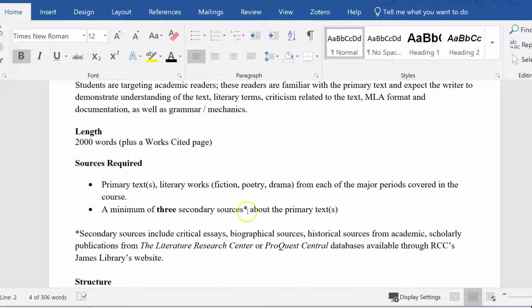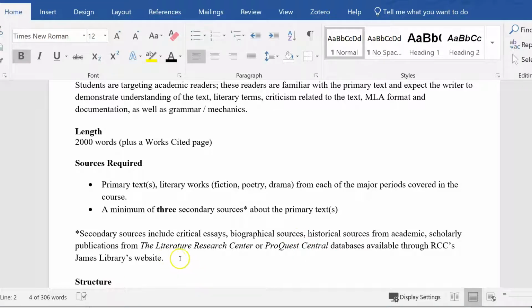The most important requirement to keep in mind is that you'll use the primary texts. Those will be the fiction, the poetry, and the drama that we explore in the course. So a short story, a series of poems, or maybe the play we read, those are the primary works. The secondary works are critical essays, biographical sources, and historical sources from academic scholarly publications.